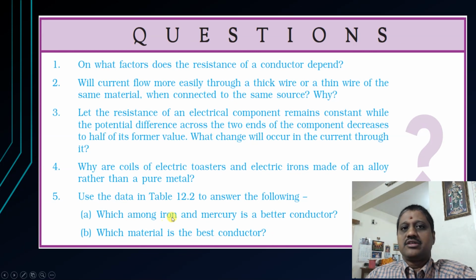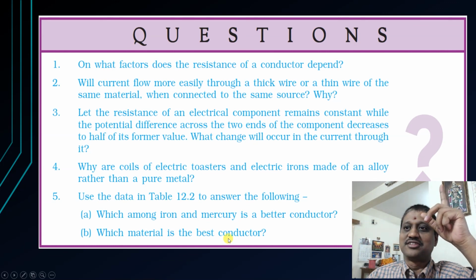Again, which among iron and mercury is the better conductor? The better conducting ability depends on resistivity, not the resistance. And which material is the best conductor overall? Again, you are seeing which has the least resistivity.